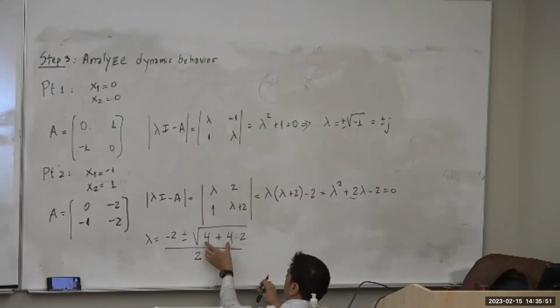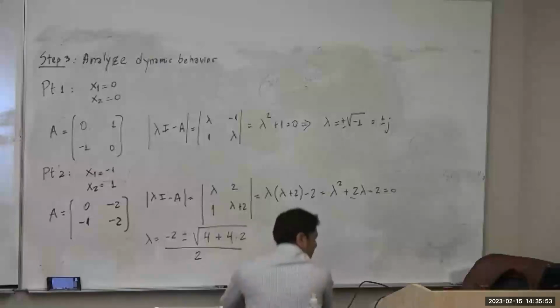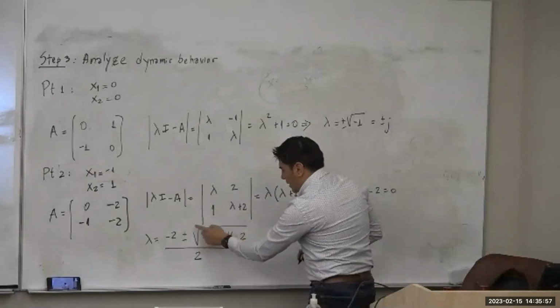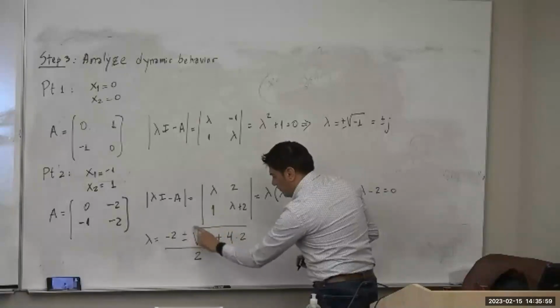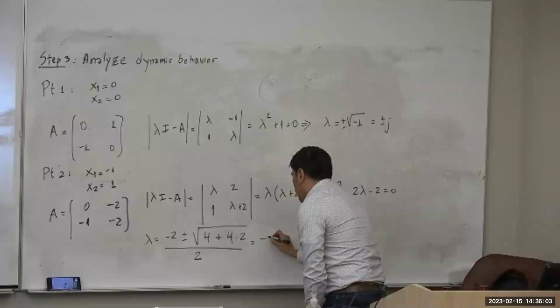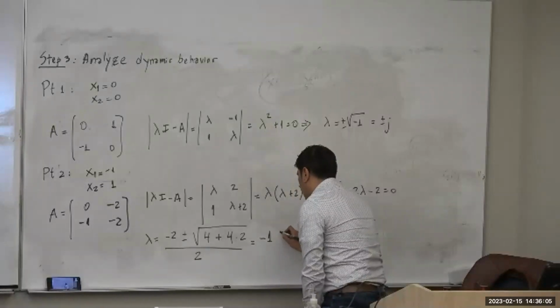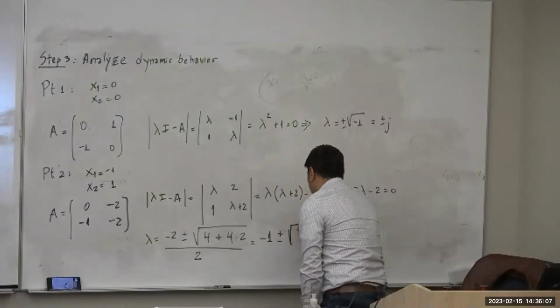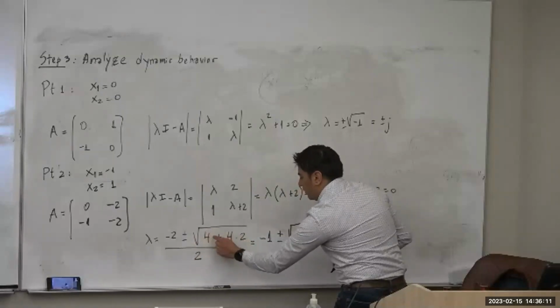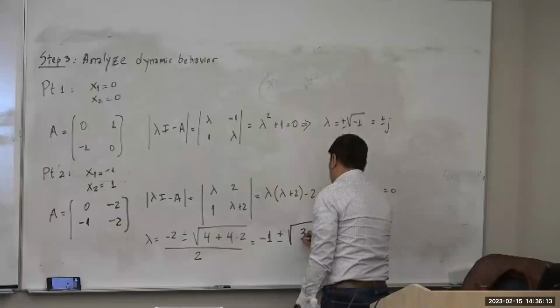Here we can factorize by 4, and the square root of 4 is 2, so that 2 will cancel with the other one. So we will have -1, plus or minus the other term, which after factorizing by 4 is 1 plus 2, that is 3.